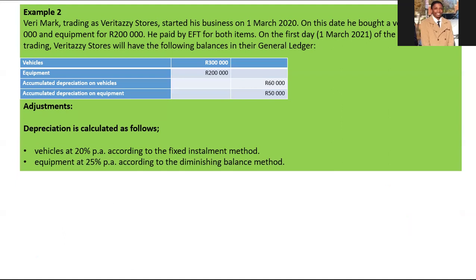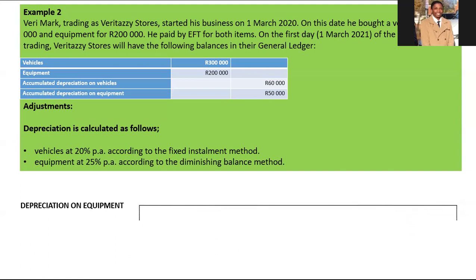Now let's calculate depreciation quickly. Beginning of the year is the 1st of March 2021. It ends on the 28th of February 2022. Equipment is depreciated on diminishing balance method or carrying value method. The same principle applies.